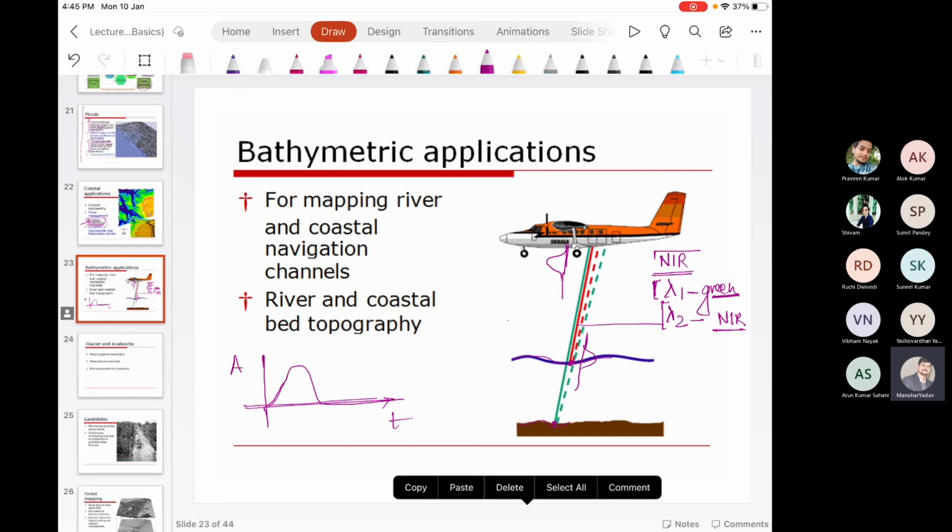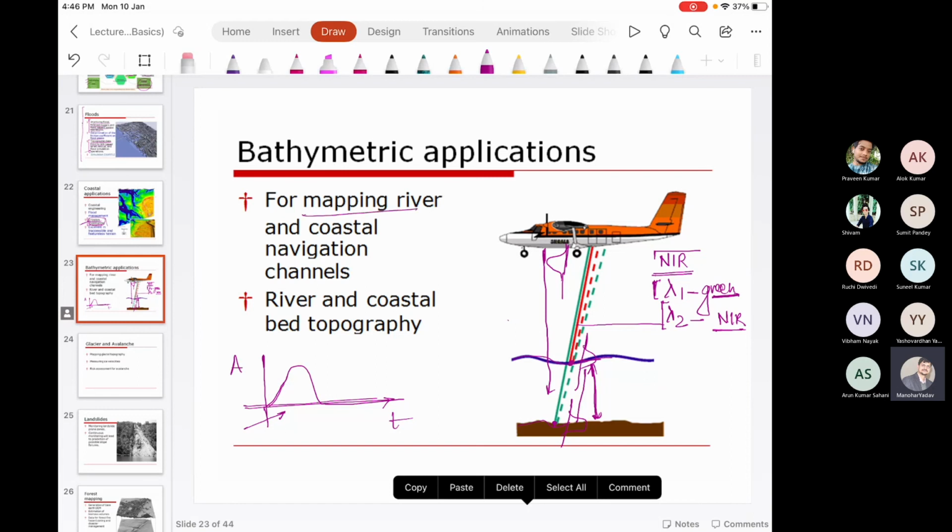And the second, when it goes inside to the water bed, we have a second reflection from here. So corresponding to one transmitted laser pulse, we have two returns. And if we consider the laser beam hitting along the vertical, though it is shown slanted over here, but let's say for general understanding, the depth of the water can be estimated using the time difference information between these two. Okay, we'll see it in detail later on.